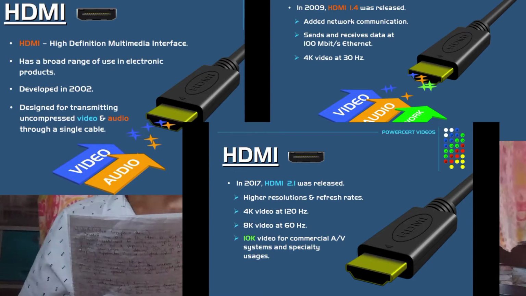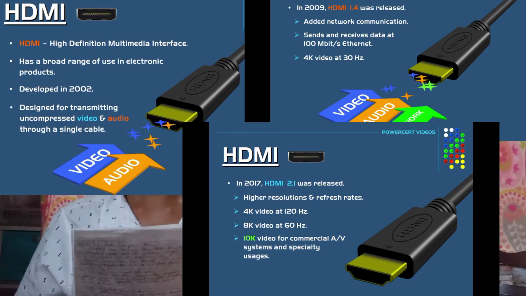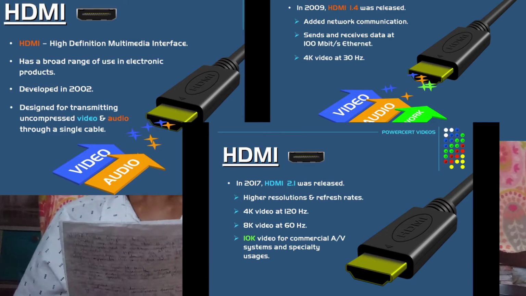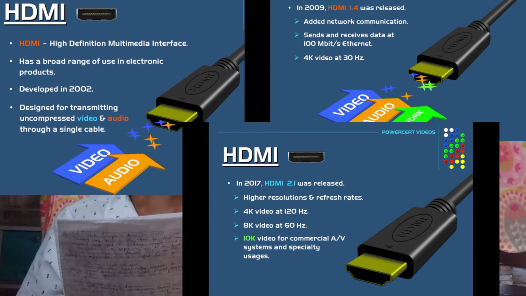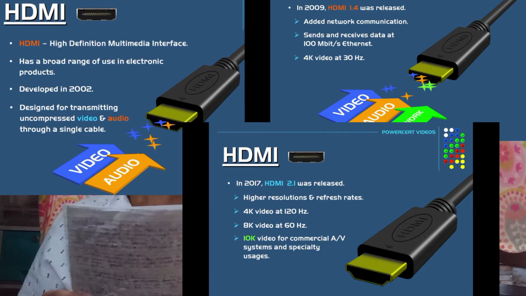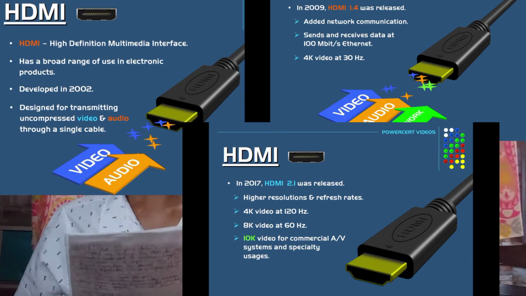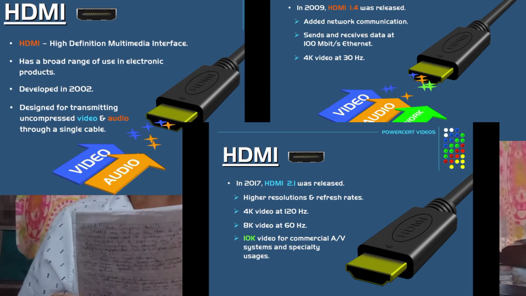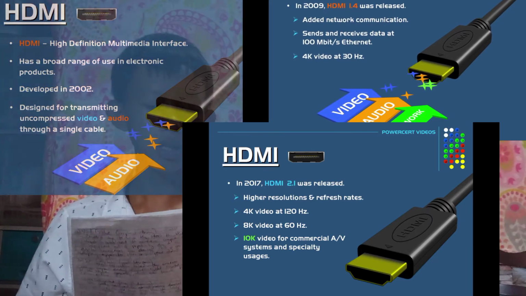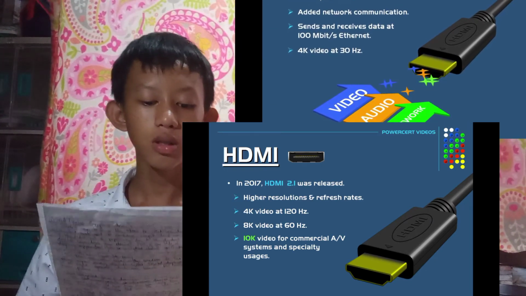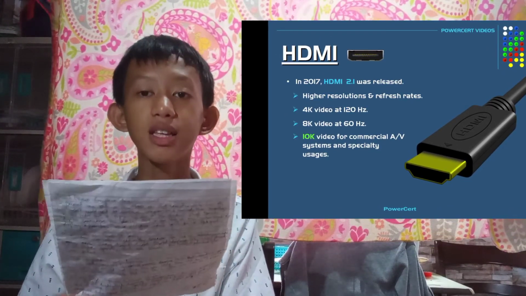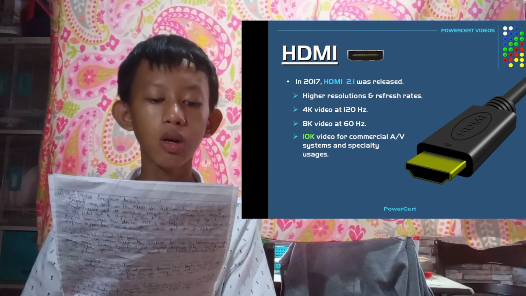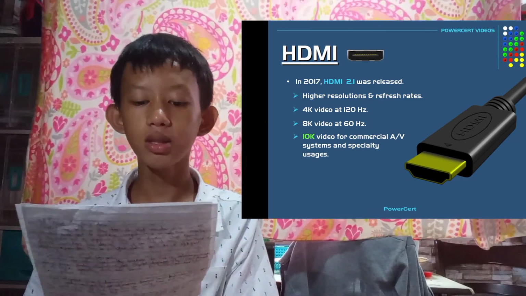In 2017, HDMI 2.1 was released, higher resolution and refresh rates, 4K video at 120 Hz and 8K video at 60 Hz, and it can support max resolution of 10K video for commercial audio and visual system and specialty usage.